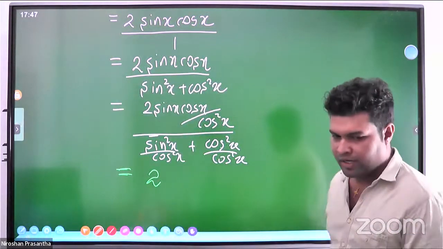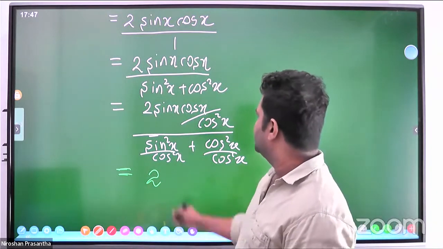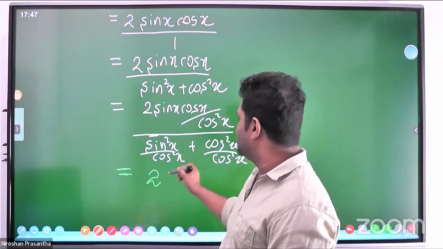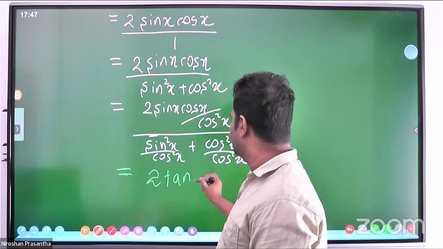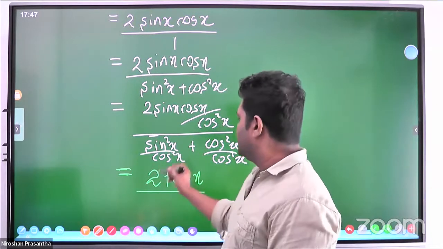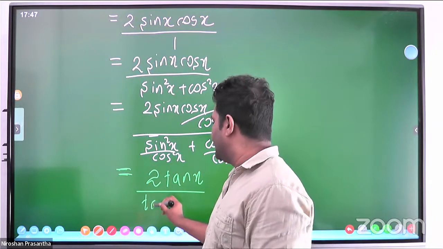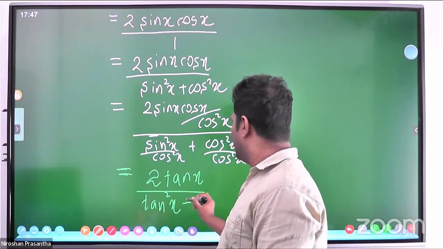Can you see it? Then cos and cos cancel: 2 tan x over tan square x plus 1.